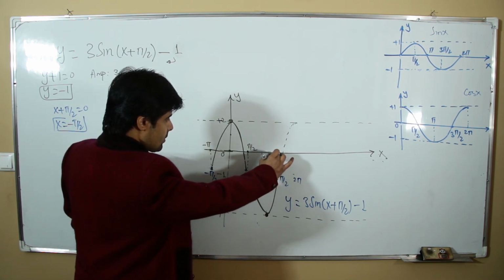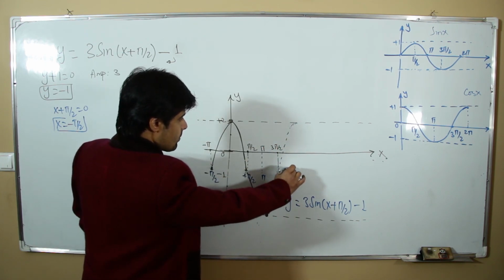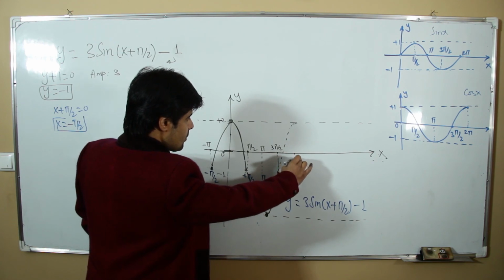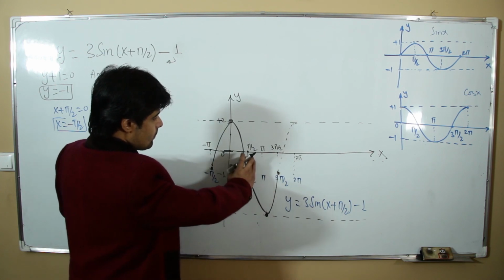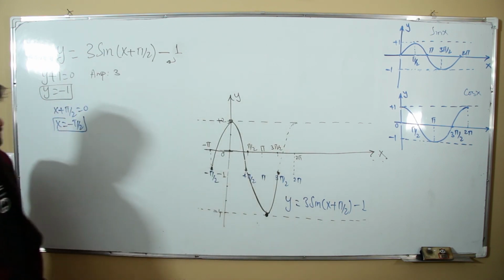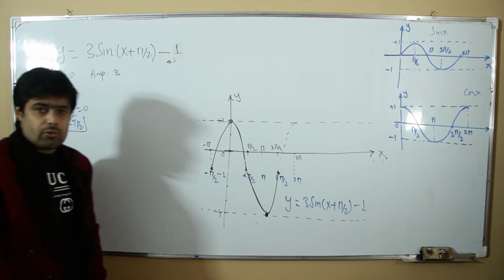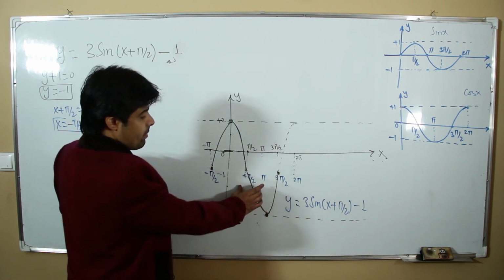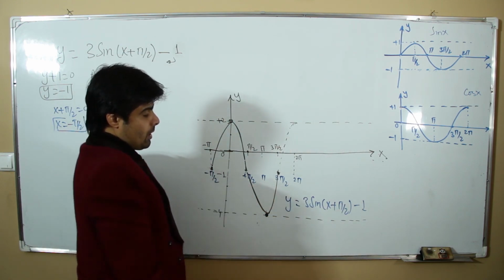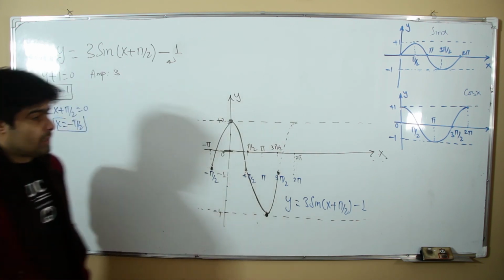This point was our 3 pi by 2. And this point is our 2 pi. This is our graph for 3 sine (x plus pi by 2) minus 1. I'm sure that you can draw every graph. If we have an expansion with the x, this graph may be drawn as a contraction or as an expansion in a specific period. Write it, please.